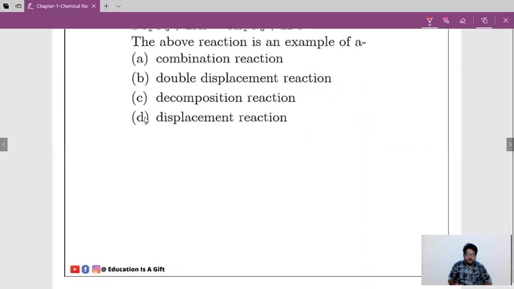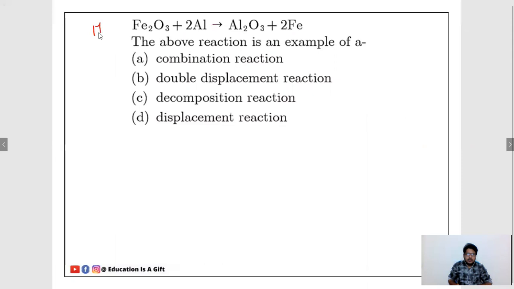17th question. Fe2O3 plus Al gives rise to Al2O3 plus 2Fe. The above reaction is an example of what? From Fe2O3, oxygen got displaced and attached with aluminium.